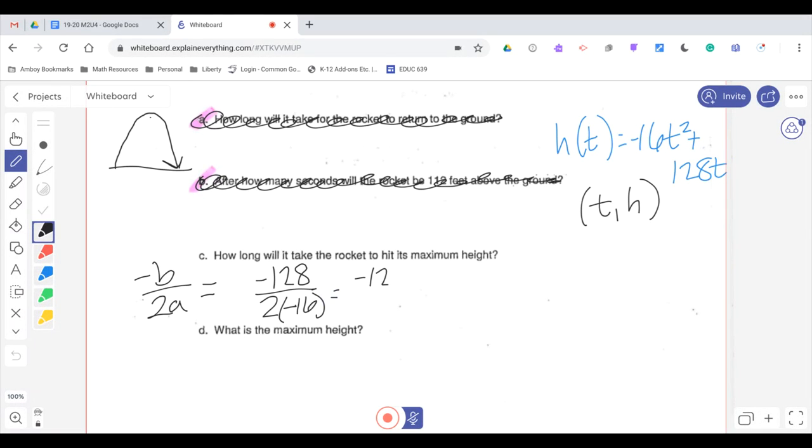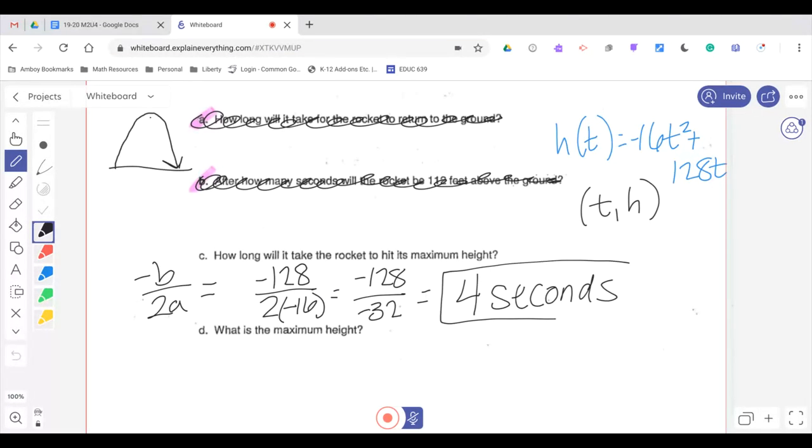So I have negative 128 divided by negative 32. The negatives should cancel out. When I divide, I get 4. This is in seconds, I believe. So it takes 4 seconds for this rocket to reach its maximum height.